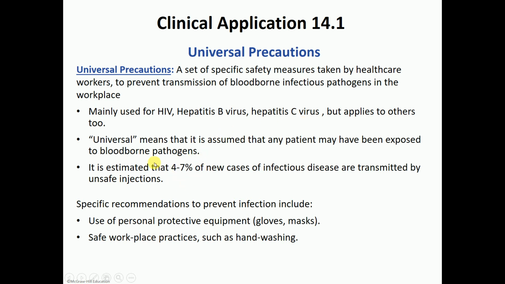And it's estimated that on average, about 5% of new cases of infectious diseases were transmitted due to unsafe injections. These specific recommendations, and you could read more on this if you're interested, would be the use of PPE or personal protective equipment like gloves and masks, and to use safe work practices such as hand washing.